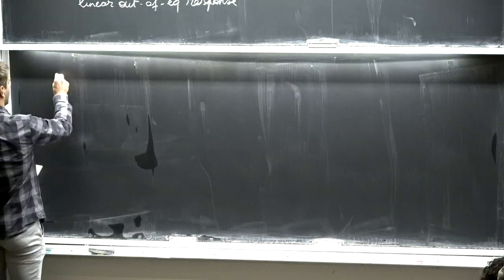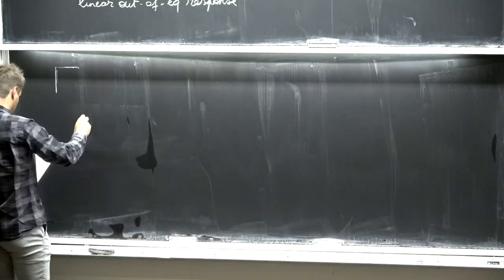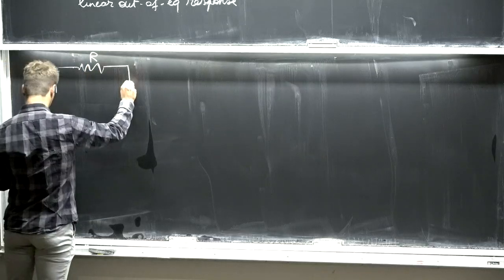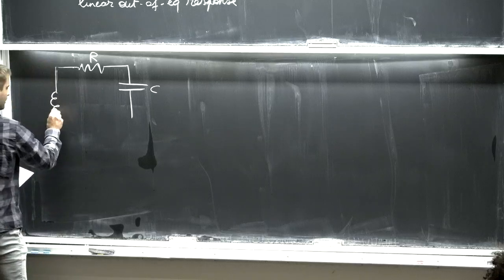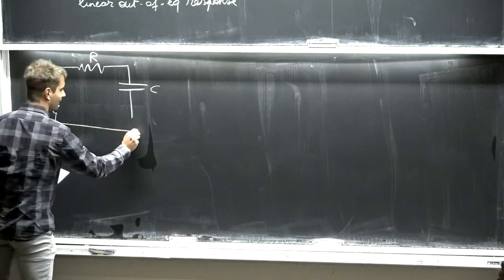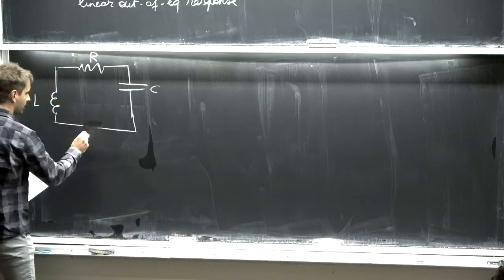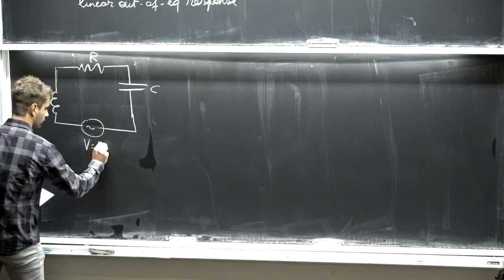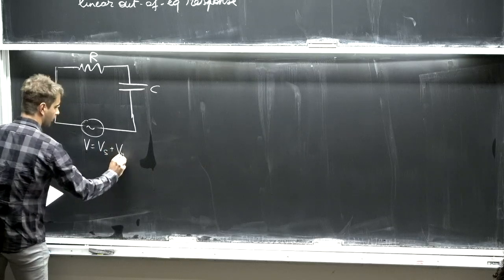So I will do it for an electrical resonator first. So some system with some resistance, a capacitor C. I hope you remember this from your electromagnetism lectures, okay? And so we're going to imagine that we're weakly driving this with some voltage, which will be the sum of some signal voltage and some noise voltage.